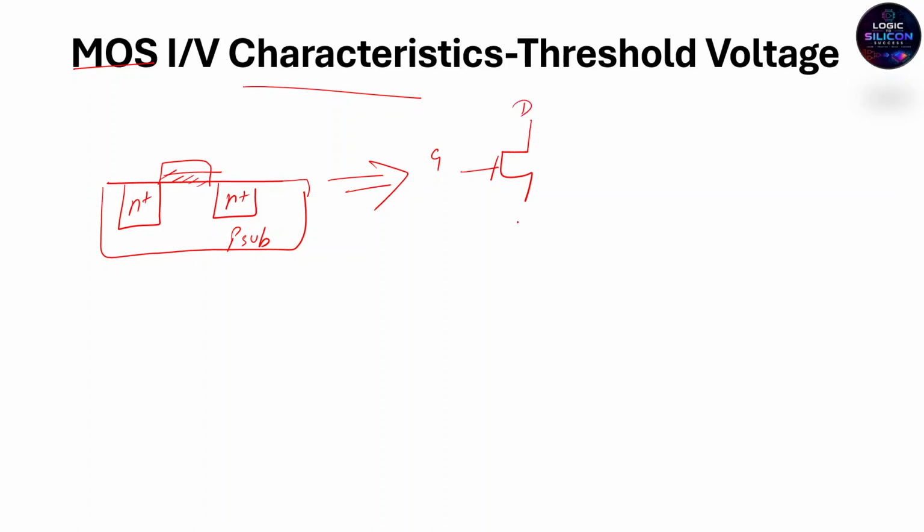Here are the drain and the source. Input will be given here, output will be collected from here, and in between, we don't want to analyze the device physics every time. So to understand that, we want to understand the device characteristics.